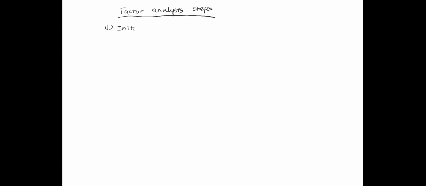Here this is like an exploratory phase. So we don't know the exact number of factors yet. So we are exploring here. So mostly we want to look at the eigenvalue. And we also want to check the correlation among the variables.